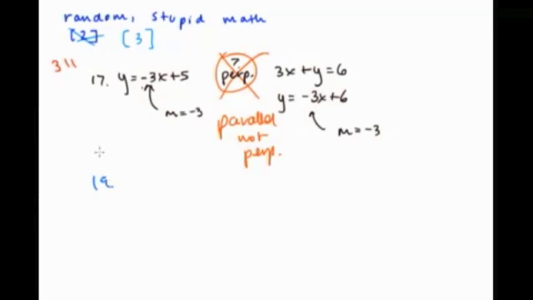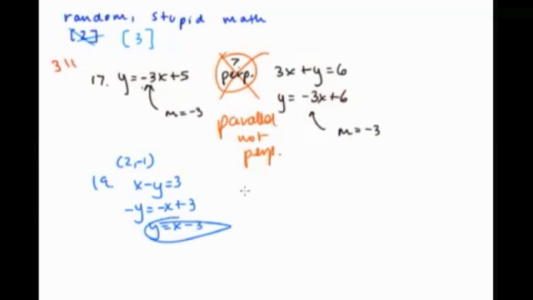And for 19, last question. 2 perpendicular lines intersect at 2, negative 1. If x minus y equals 3 is the equation of one of them, what's the equation of the other line? Well, before we do anything, I'll maybe rewrite that, it's kind of sloppy.